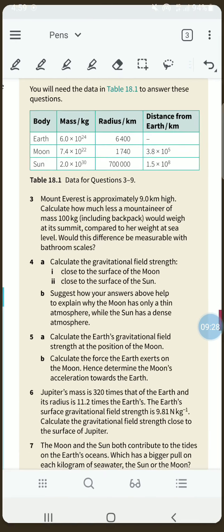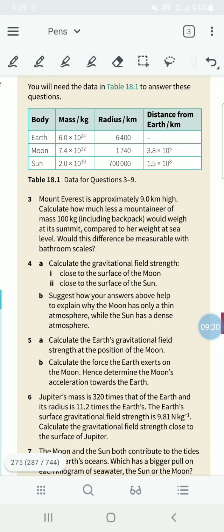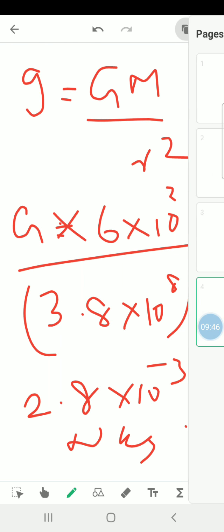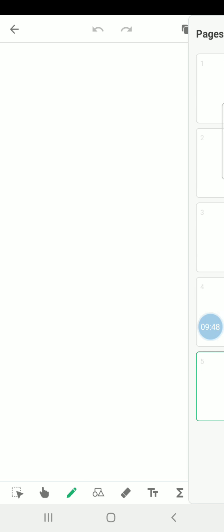Then let's go to part B. Calculate the force the Earth exerts on the moon. So now that is per kilogram. Then hence determine the moon's acceleration towards the Earth. So what happens is the force is equal to mg.